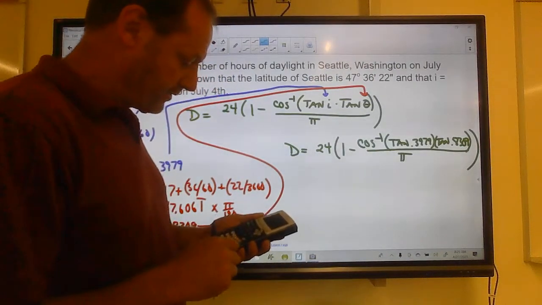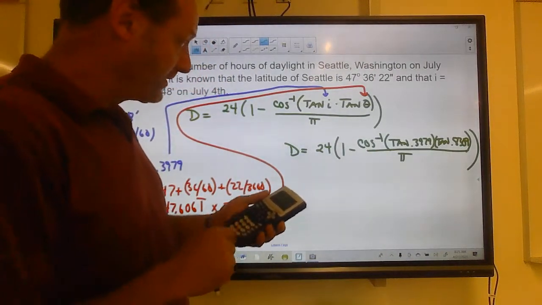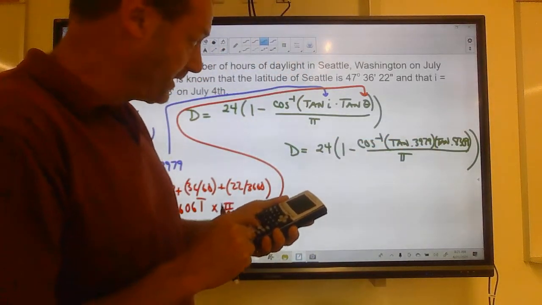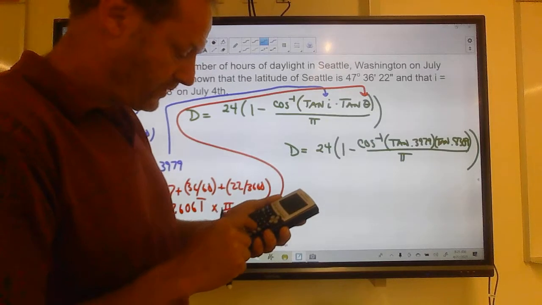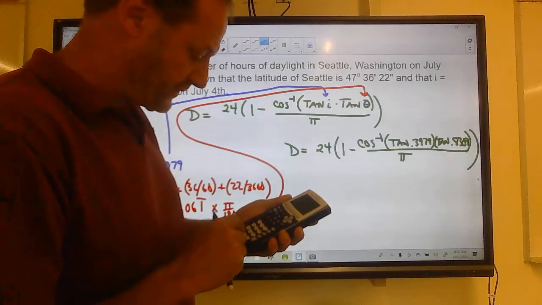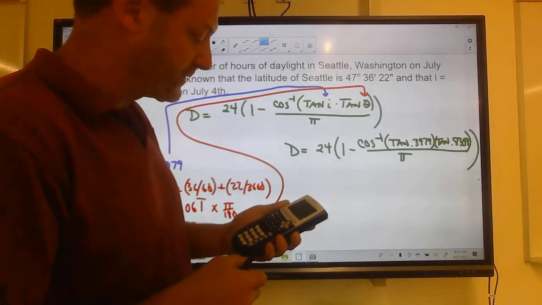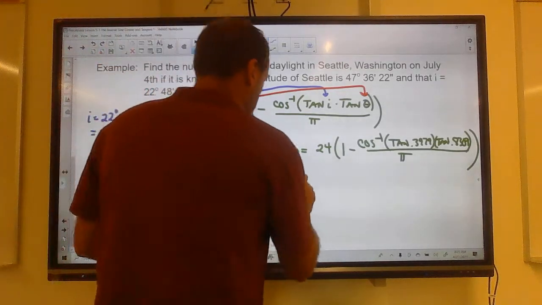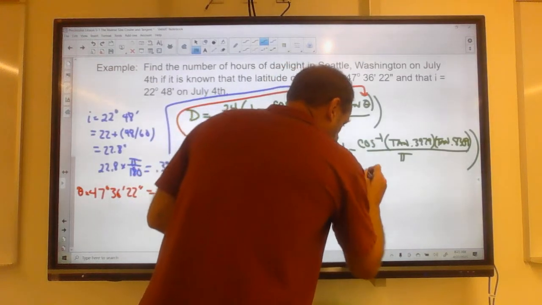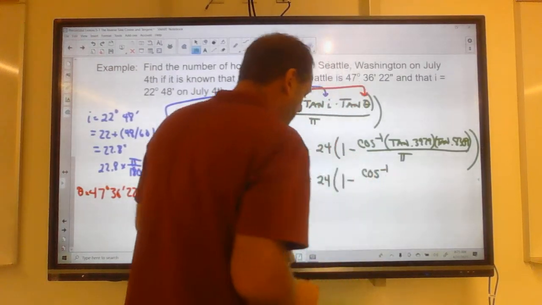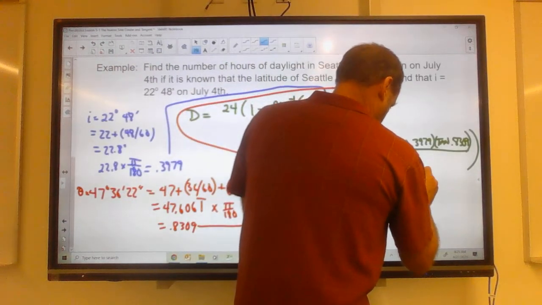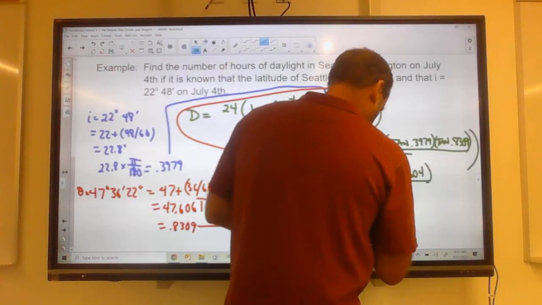Okay, so here we go. I'm going to do the inside first: tangent 0.3979, close the parentheses, times tangent 0.8309, close those parentheses. So this is 24 times 1 minus the arc cosine of 0.4604 divided by pi.